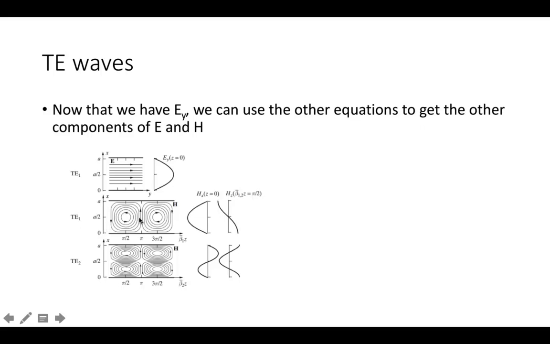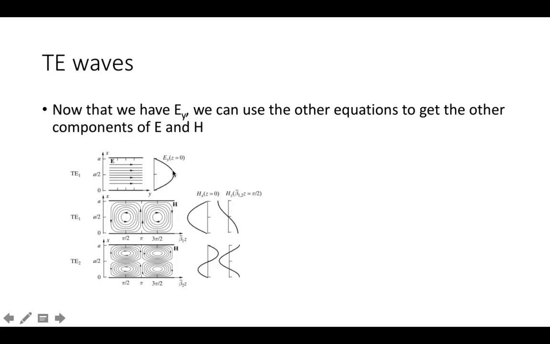If we look along the z direction, as z gets greater than 0, because we've got variation in z of e to the minus gamma z, and gamma is j beta in this case of propagation, then we would have sinusoidal variation along the z direction as well.